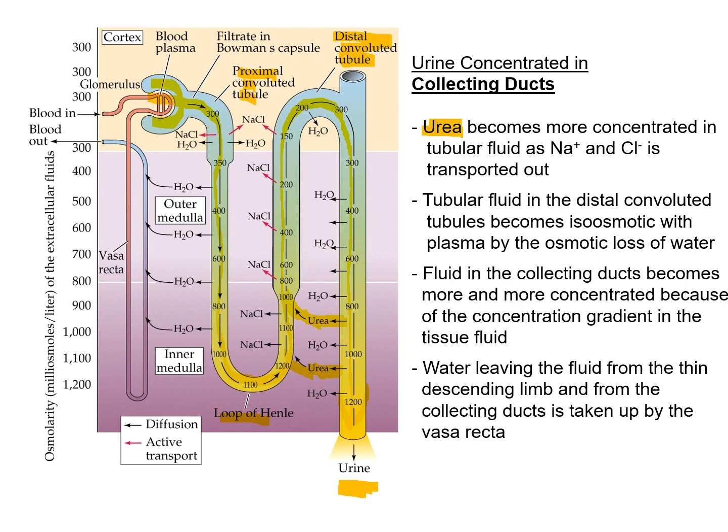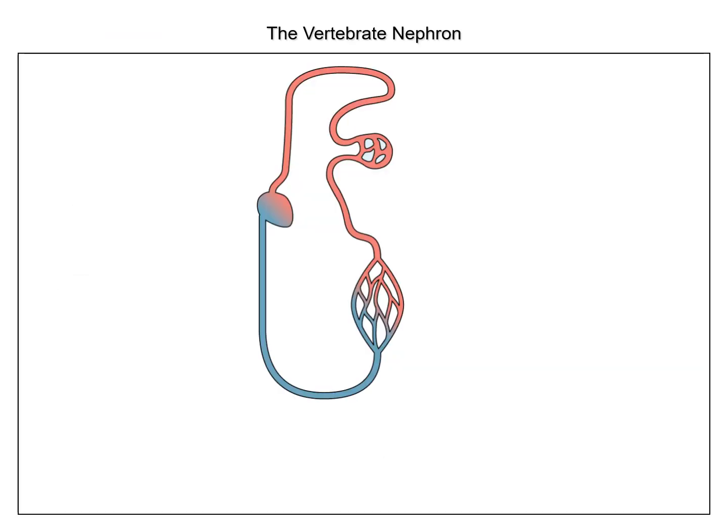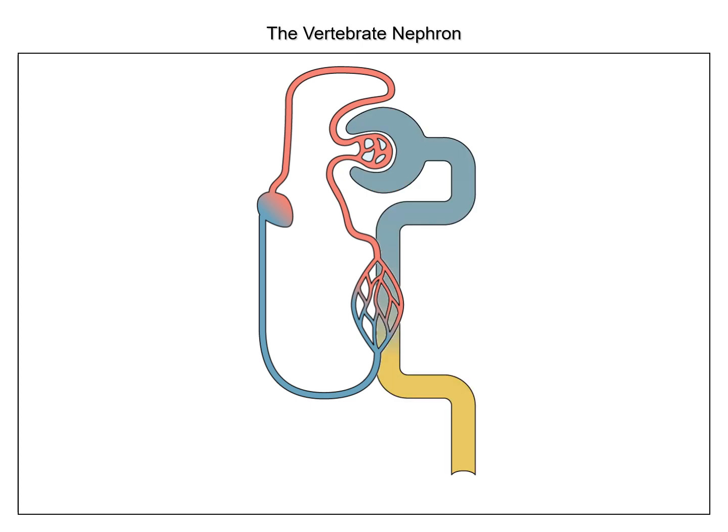Okay. And this is a diagram that goes through the different steps. There you see blood in the system. This is supposed to be your heart here. So blood in the systemic circulation enters the capillaries of the glomerulus, and a filtrate is formed in the glomerular capsule and goes into the proximal convoluted tubule.